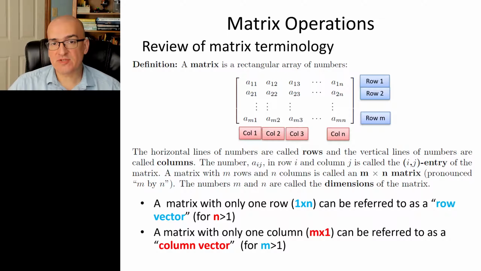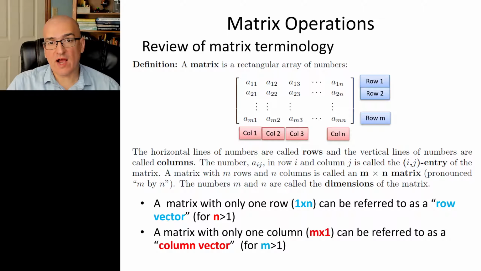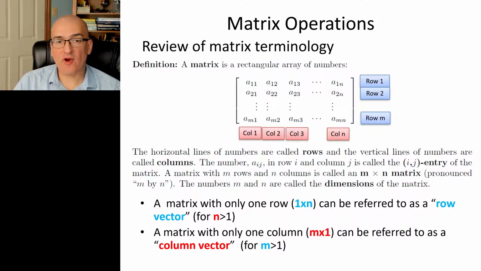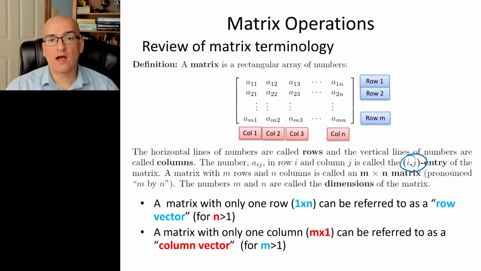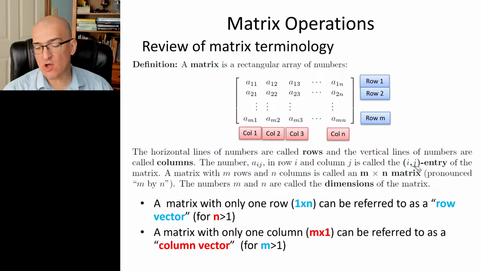This isn't the greatest notation in the world because it's extremely ambiguous if either the row number or the column number exceeds 9, when you get into double digit or triple digit numbers. Because of that, there's an alternative notation that's much more precise and much less ambiguous, and that's the ij in bracket notation that's here. It still indicates the same thing, i being the row number that we're on and j being the column number that we're on.